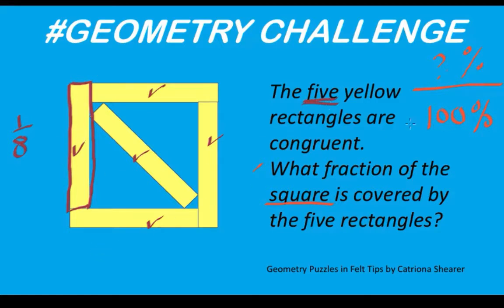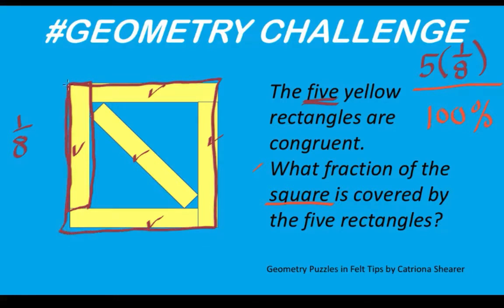So therefore, we can now replace this part here by that value. So the area of the 5 rectangles would be 5 times 1 over 8. And the area of this square, we let that be equal to 1.